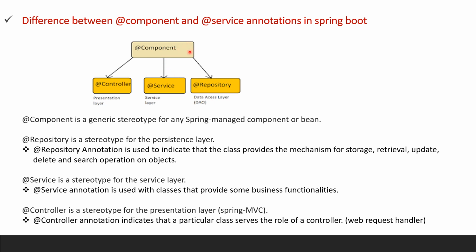Then we have the repository, mainly for the persistence layer, used to indicate the class provides the mechanism for storage, retrieval, update, delete, and search operations on objects. Simply, whenever we are dealing with any DB, we can go with the @Repository annotation.